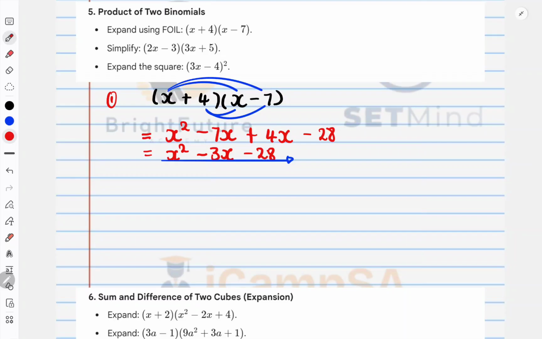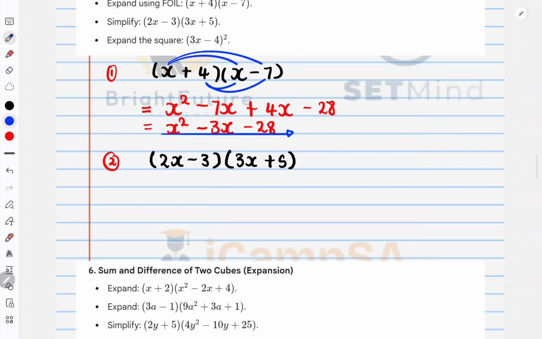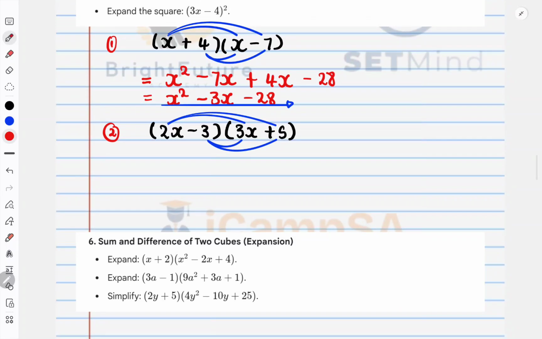For number two, we are given what? 2x minus 3 into 3x plus 5. First term multiplied by the first term, and then first term multiplied by the last term, distributive law. First term, second term to the last term.